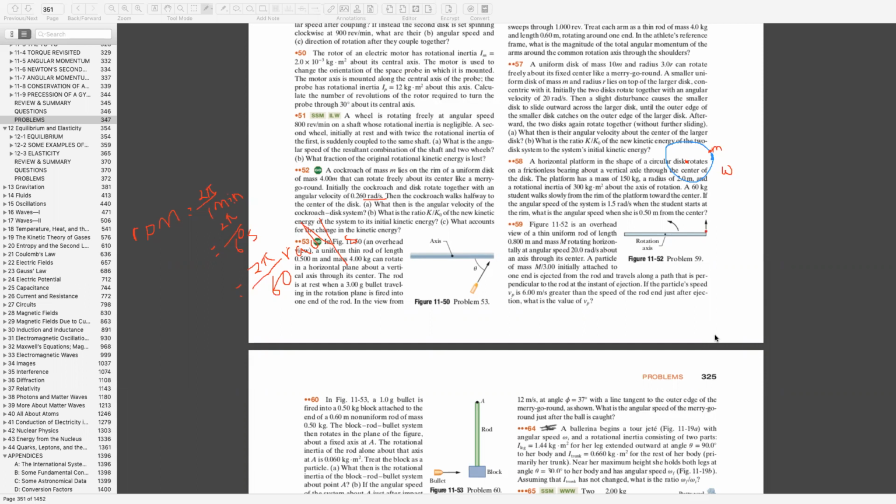Yeah, that's correct. Anything else? That is the most important one. You have to understand conservation. Basically, the system consists of a disk and a cockroach, right? And we have to know the conservation.